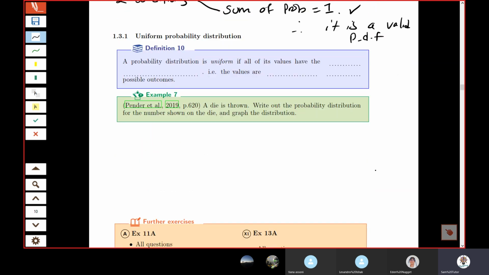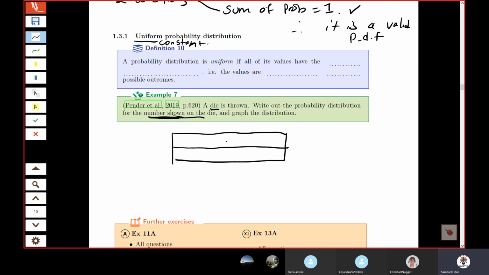All right, uniform. Uniform just means constant. So constant distribution, which is like a dice. A die is thrown, and we look at the probability distribution for the number shown on the die.